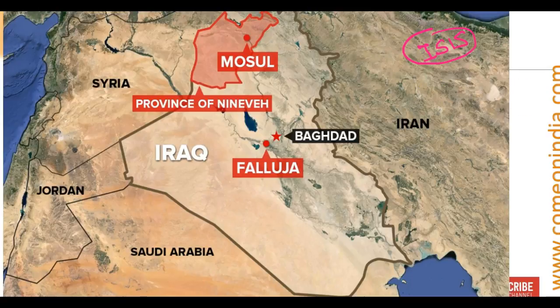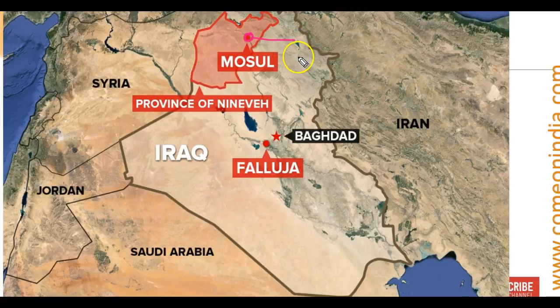In this image, you can see the red marked lines here also. ISIS area is shrinking, and at present its capital is Mosul. This is the Iraq region. In the northern part of Iraq, Mosul, which is the second largest city of Iraq, is located, which is controlled by ISIS.